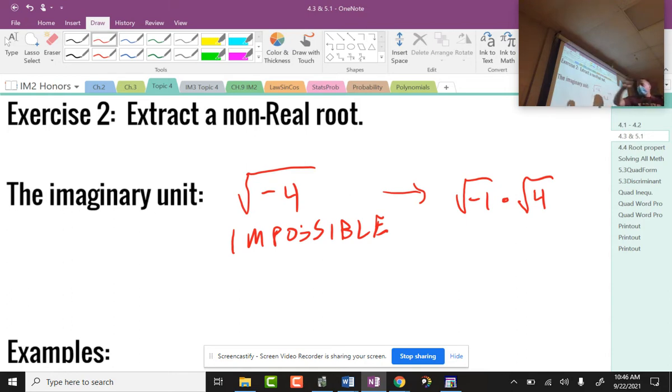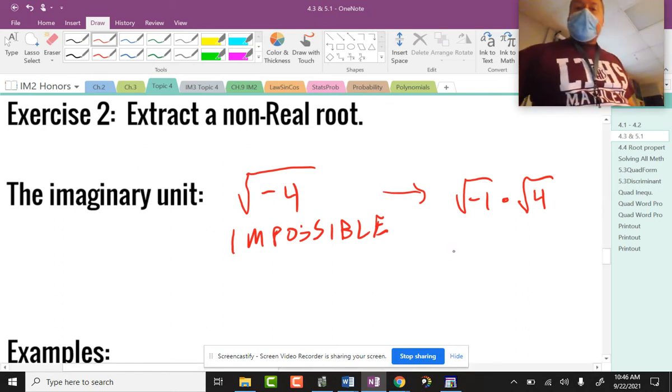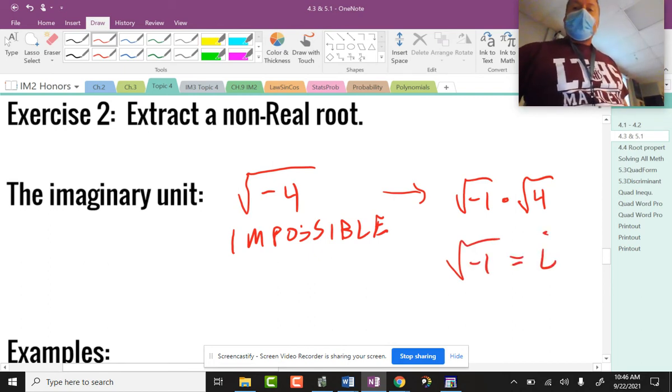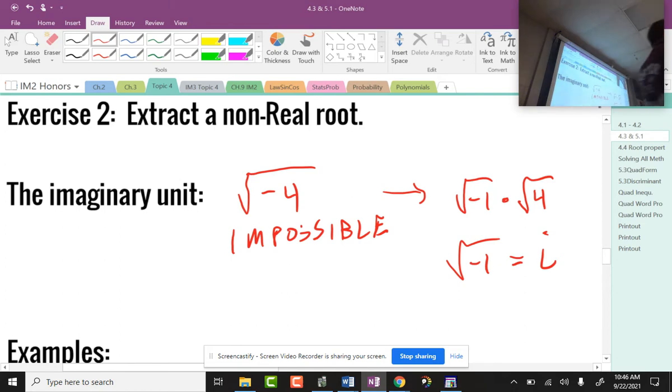And then they said, well, let's call them imaginary numbers. So we'll call the square root of -1 I. This is the truth. From here on out, I is no longer a classic variable. A variable means it could equal anything. No, I equals the square root of -1.